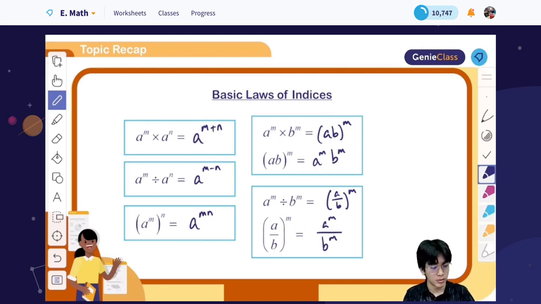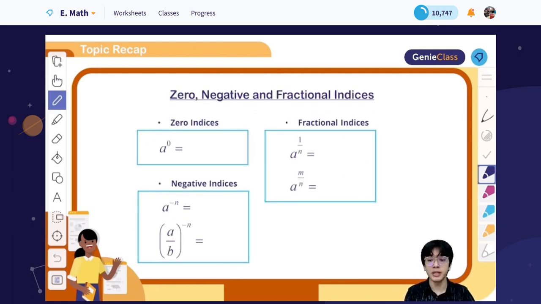Now next, zero indices. What is zero indices? It means that you have power 0. Can you tell me what happens when you put something to the power of 0? Okay, very good. You get 1. So anything power 0 is 1.